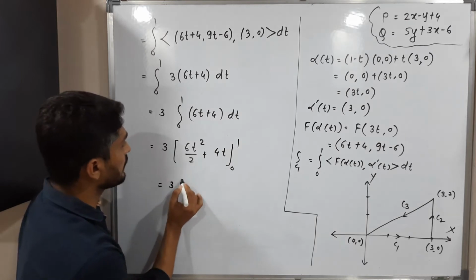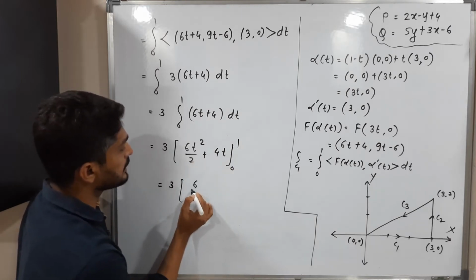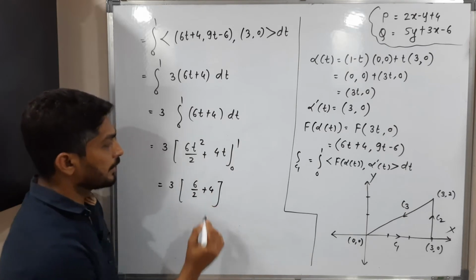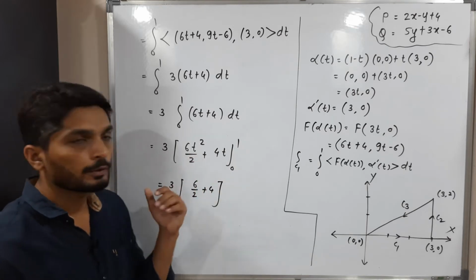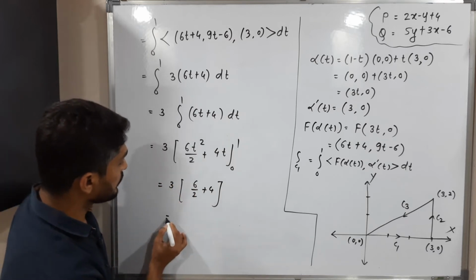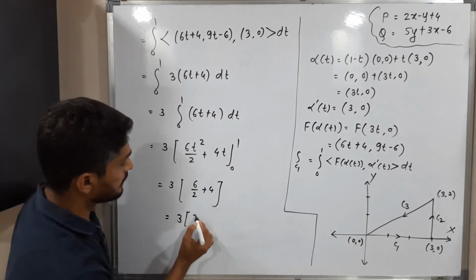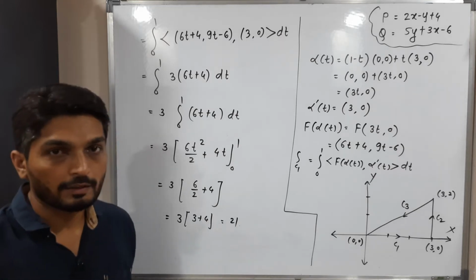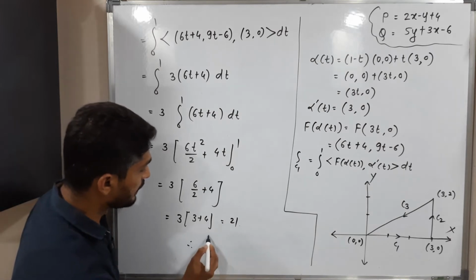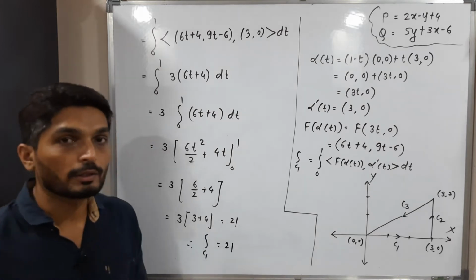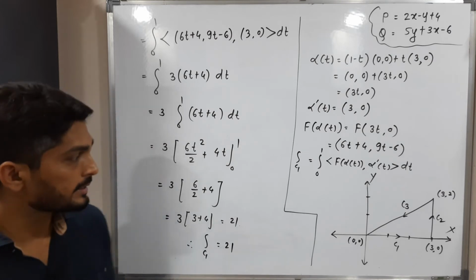So this is 3, I am putting upper limit 1, so 6 by 2 only. If I put 1 here, 4. If you put lower limit 0, 0 into anything is 0, so I will not write that. So this is equal to 3 times 3 plus 4. So it is 7 and the answer will be 21. So therefore, the line integration over C1 is 21. Its value is 21. Okay.